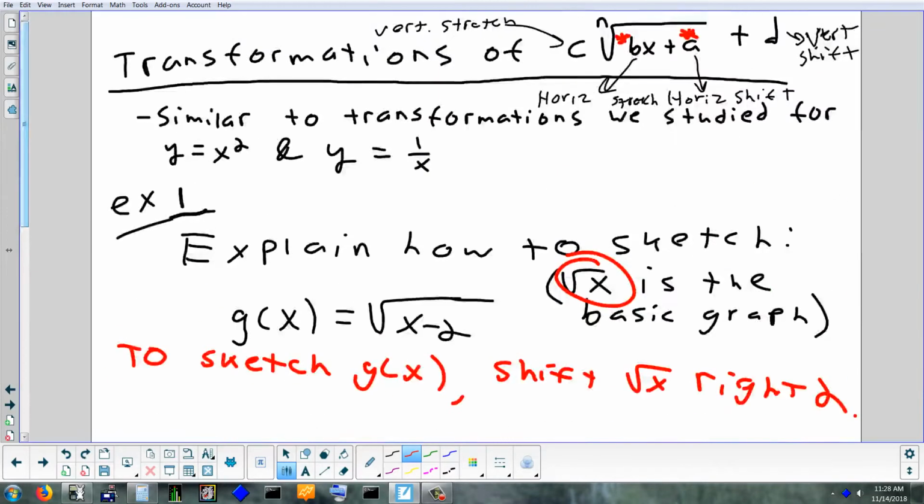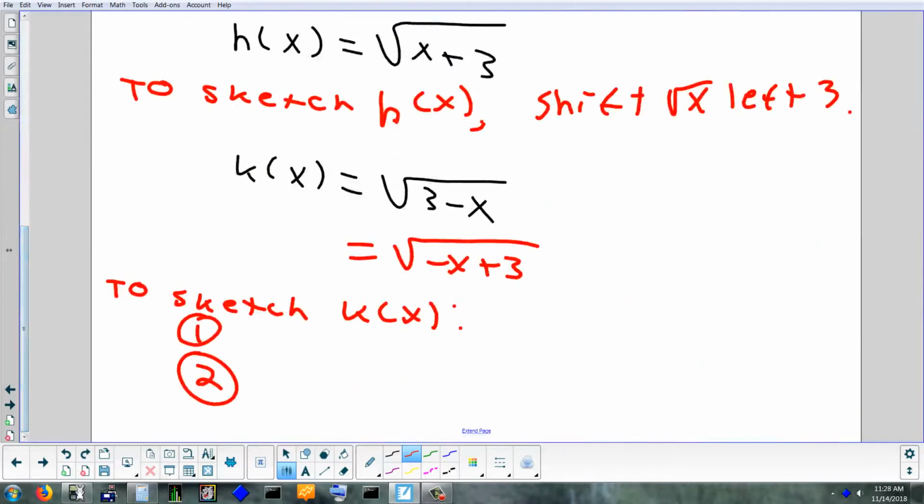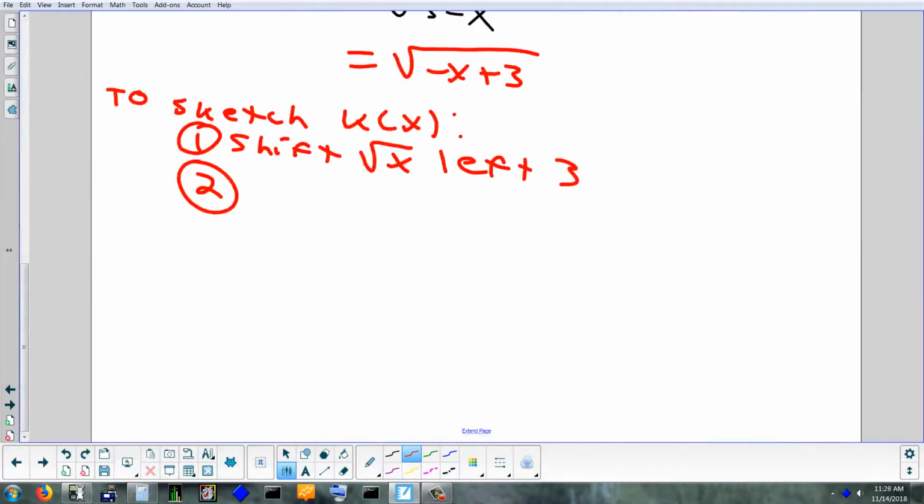That's why I used A, B, C, D. You do A, B, C, and then D. You always list them in that order. Okay. So the first thing is A, plus 3. Already did a plus 3. It's going to shift left 3. Shift square root of x, left 3.